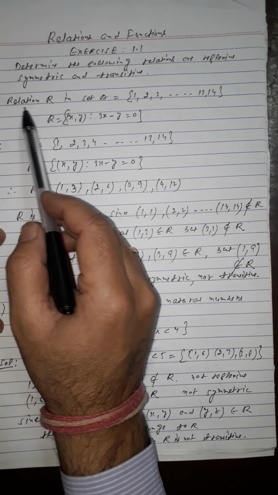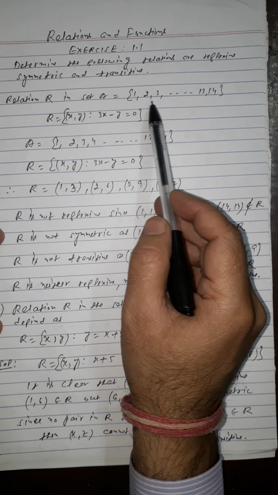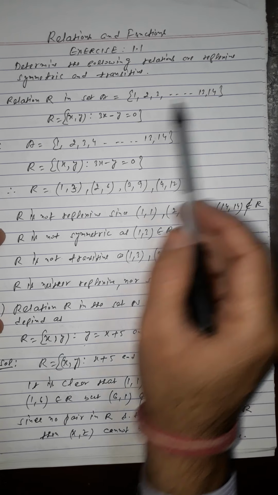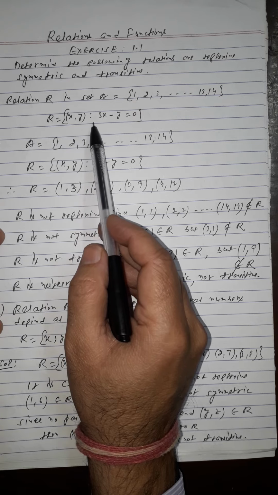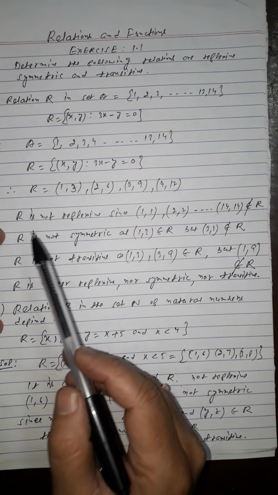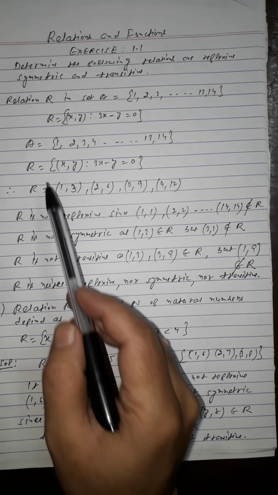Question number 1 is a relation R in a set A equal to {1, 2, 3, up to 14}, where R is equal to {(x, y) such that 3x minus y is equal to 0}. So let us see, students, how we will do this question.